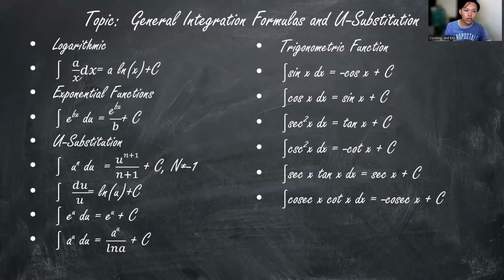As we can remember, the integral of 1 over x is equal to ln x. Then we have the exponential functions, the integral of e raised to bx dx is equal to e raised to bx divided by b plus c.